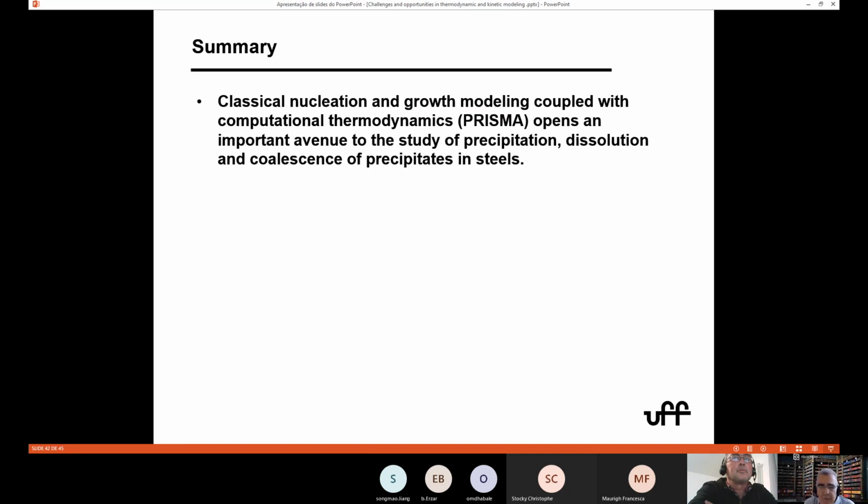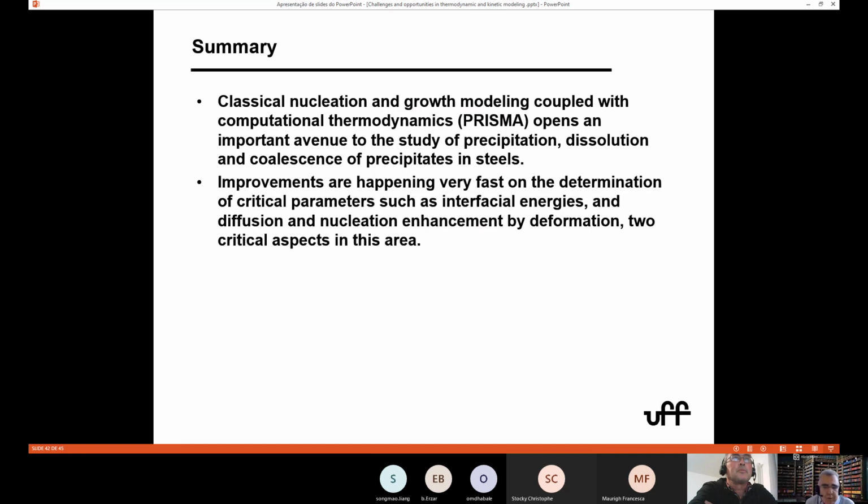So this is a real fantastic avenue. We're going to improve it, and they are going to improve the models to calculate interfacial energy. So this is really going to be the future, I think. We're going to be able to tie these things, and maybe in 5 or 10 years, really understand well what's happening and make optimized steels.